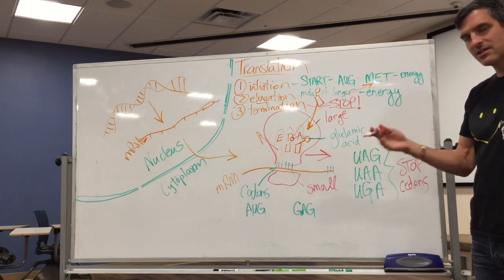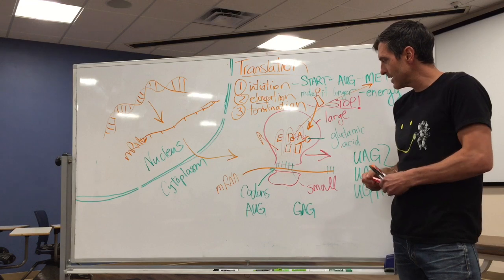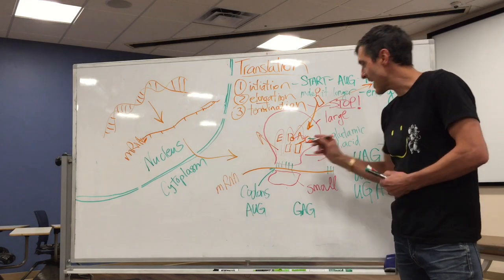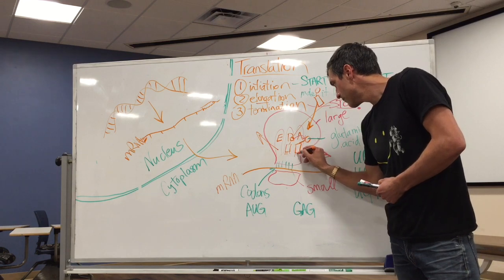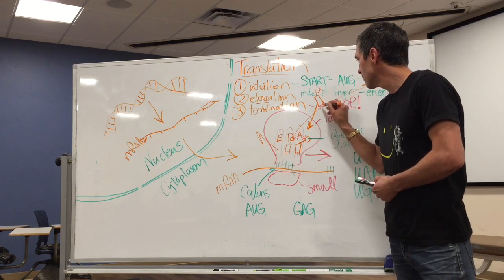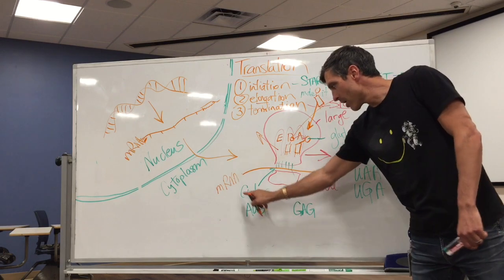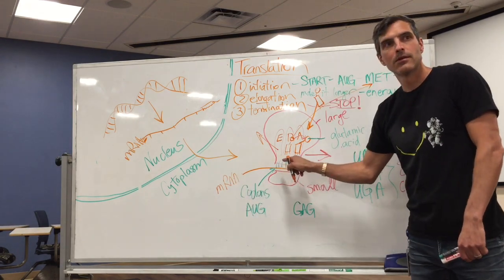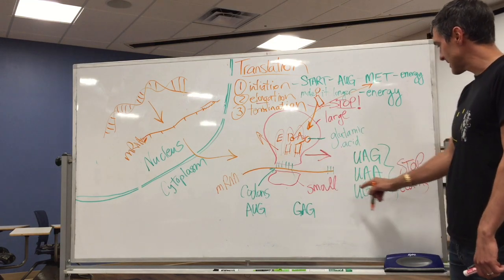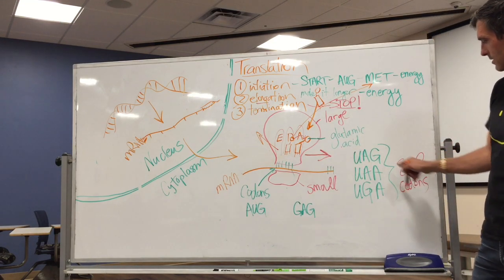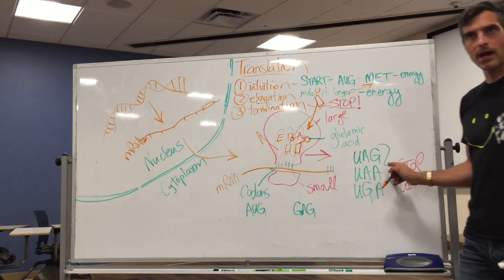Now, we didn't talk about this in this video yet, the tRNAs, they have what's called anticodons. So they have 1, 2, 3, 1, 2, 3, 1, 2, 3. Those are complementary to the mRNA codons. Now, once you hit one of these 3 stop codons, is there an amino acid that goes with that?